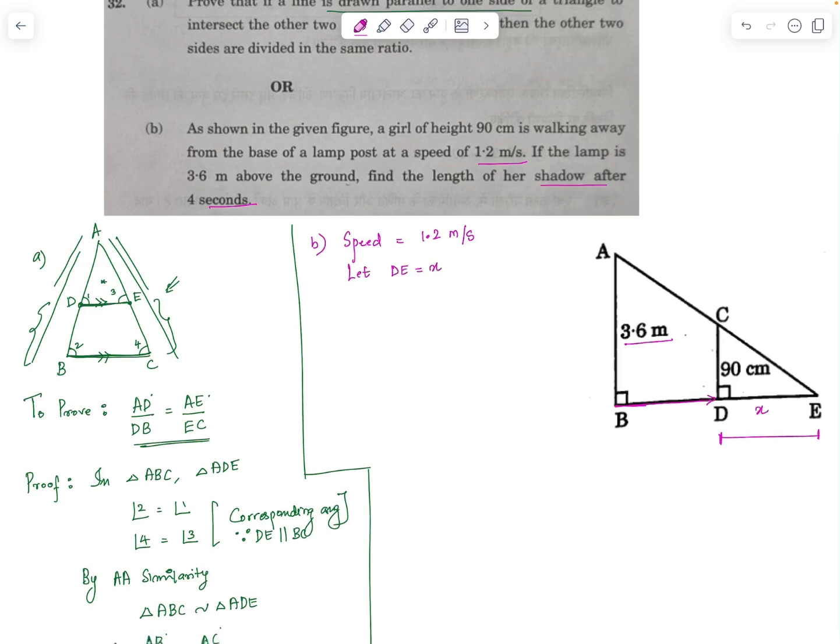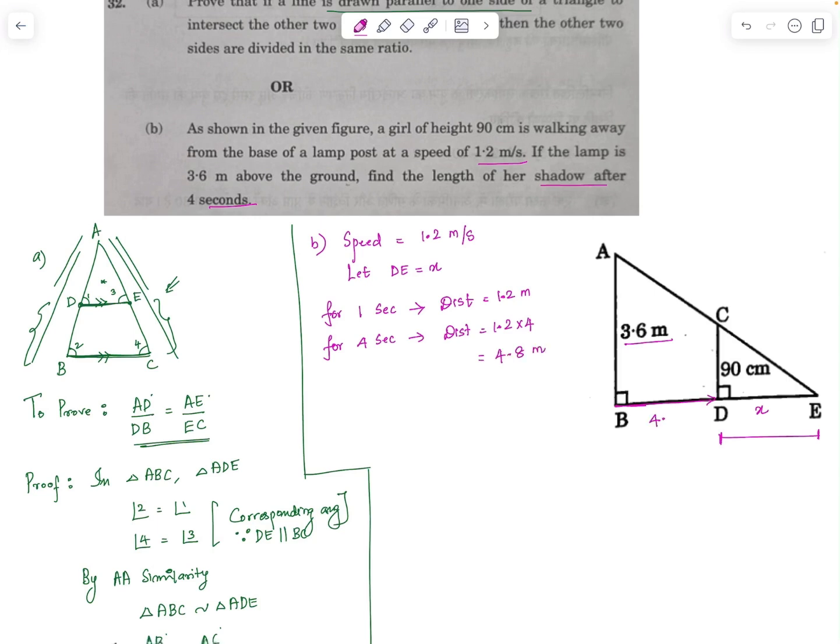The speed has been given to us and the duration of the travel is also given to us, but we don't know the exact length of BD. For 1 second, she has traveled a distance of 1.2 meters, which means for 4 seconds, the distance traveled by her is 1.2 into 4, which is 4.8 meters.